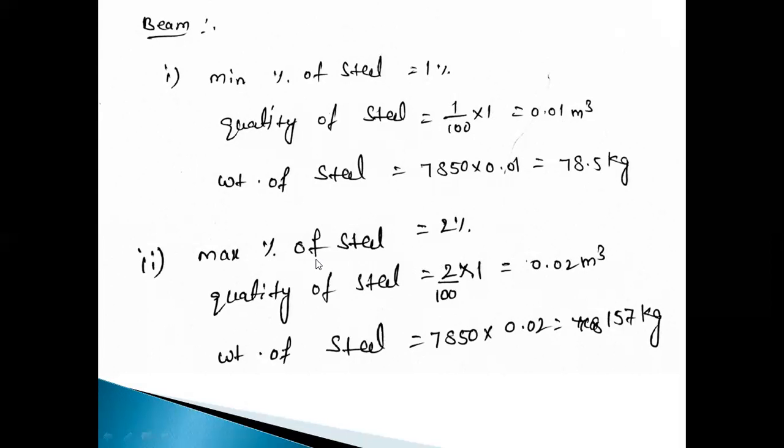Next, maximum percentage of steel equal to 2%. Quantity of steel equal to 2 divided by 100 into 1, that is equal to 0.02 cubic meter. Then weight of the steel equal to 7,850 into 0.02 equal to 157 kgs. So here beam, for 1 cubic meter steel minimum 78.5 kgs and maximum steel is 157 kgs per 1 cubic meter.